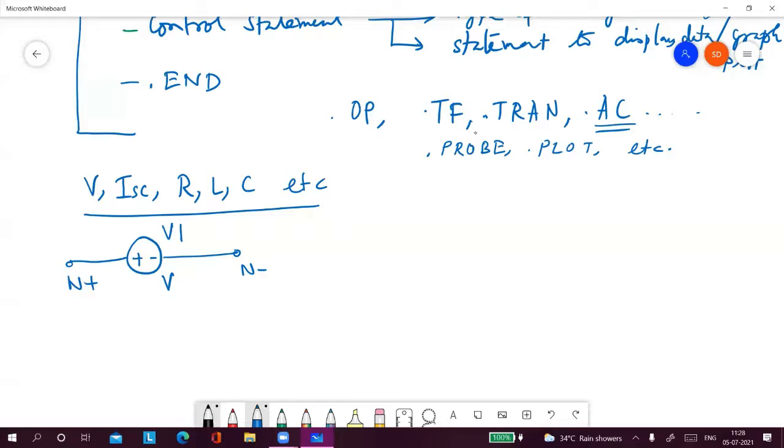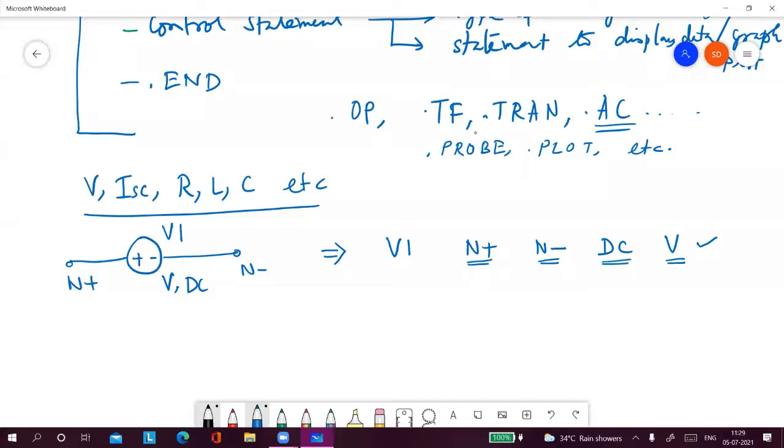Now the SPICE statement which describes the voltage source is: V1, that is the name of the source, then n plus, n minus, then the type, that is DC, and the magnitude. So V1 is the name, then its positive terminal, then the negative terminal, then the type, whether AC or DC, then the magnitude of the voltage source.